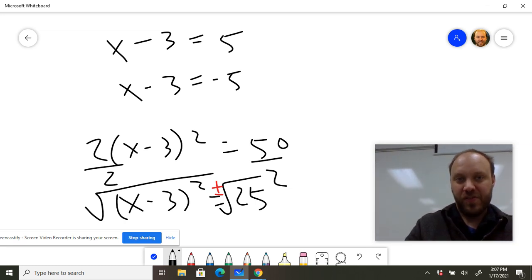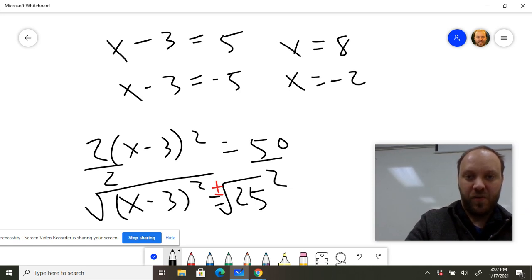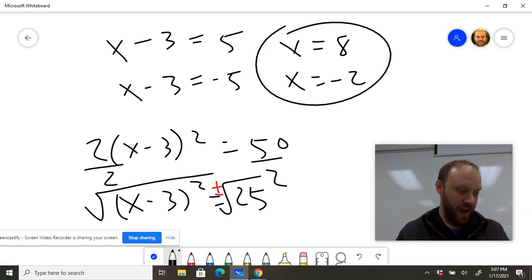And we have to solve both of those. So we get one solution of 8 when you add 3 to both sides, and you get negative 2 on the other one. And again, if you have extra time, I would stick that back in the equation and make sure that it really works out.